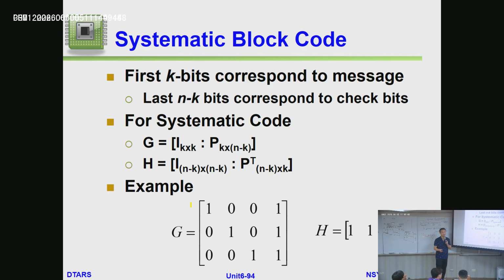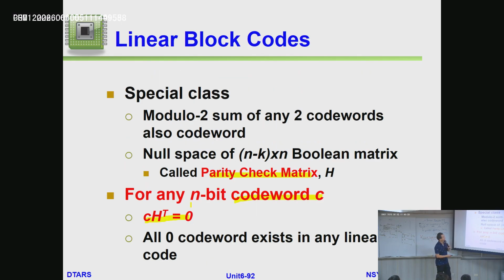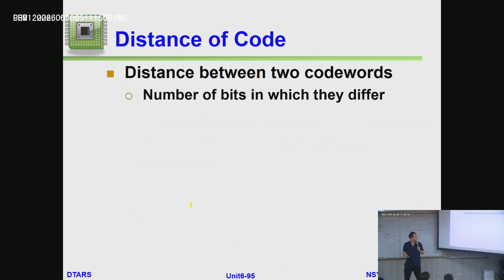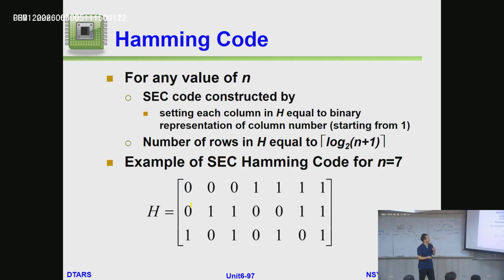Later, in that example, we will multiply the output with this parity check matrix to see if it is 0 or not. Remember this again: if your output is good, then when we multiply it with this parity check matrix, it must be 0. Keep this in your mind. Okay, let's jump to this one.